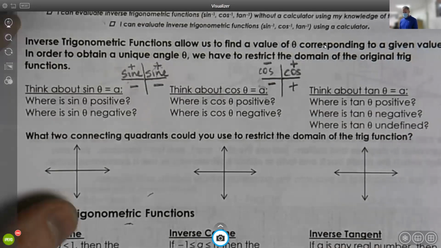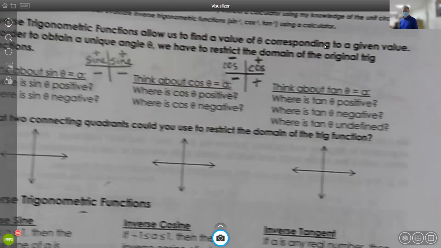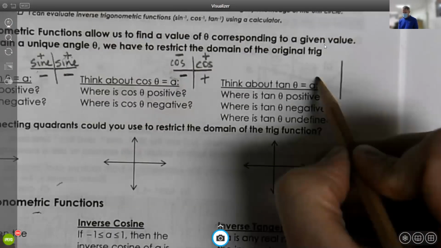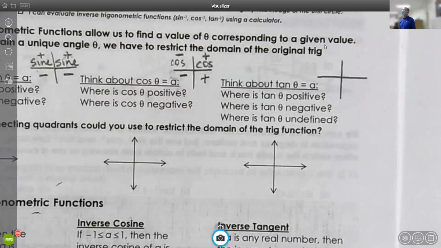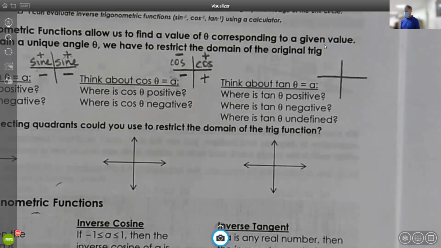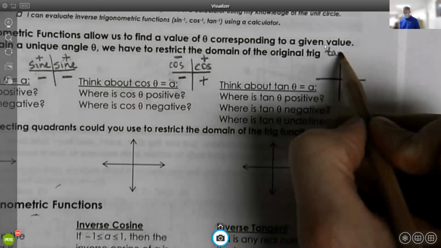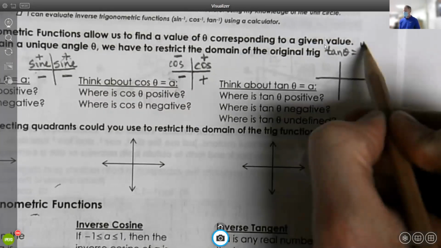Now, tangent's a little bit more complicated thinking. Tangent, we have to use y over x. Calculate tangent. Tangent of theta equals y divided by x.